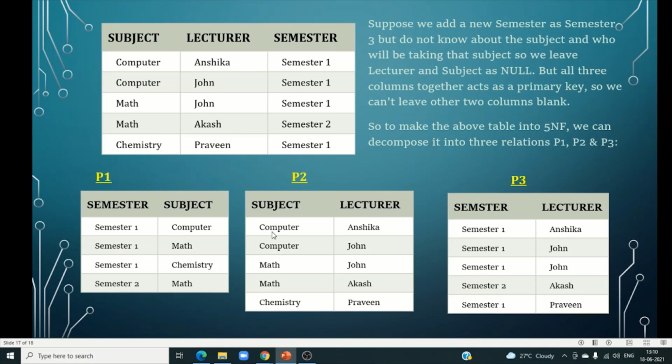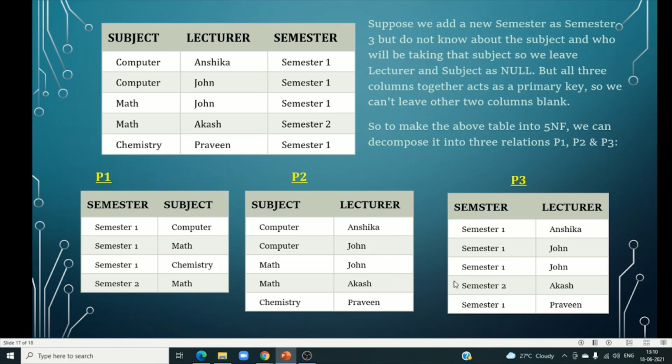For the subject computer we have the lecturer, like that we are defining. And as well as P3, we take the columns semester and lecturer from the main table. For semester 1, the lecturer is Anshika, and like this we are decomposing.